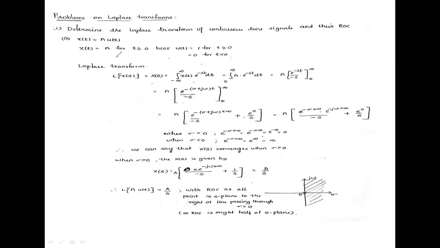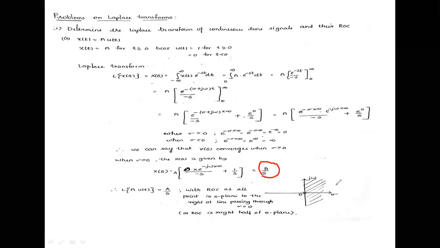So the given signal a into mu of t has Laplace transformation a by s, with the ROC as all points in the S plane to the right of the line passing through sigma equal to 0.